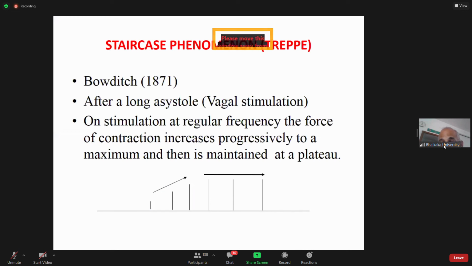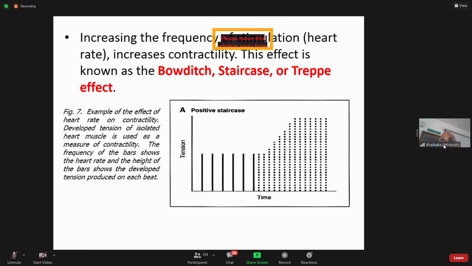You go on giving repeated stimulation slowly. The strength of contraction will slowly increase and then reach a plateau. This phenomenon is called the staircase phenomenon, or the Bowditch or treppe phenomenon.